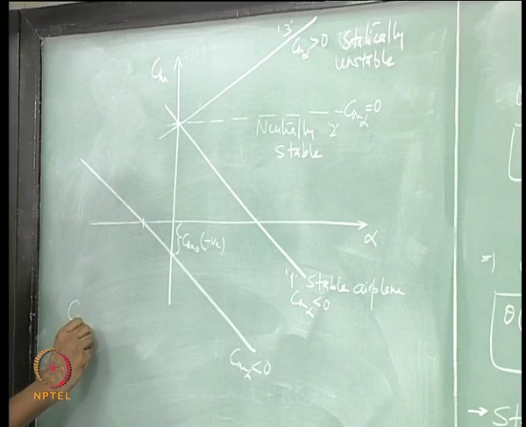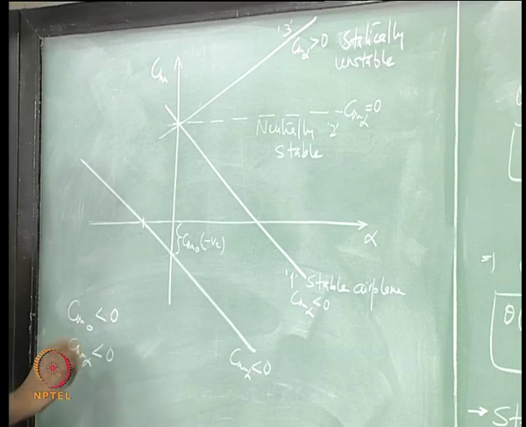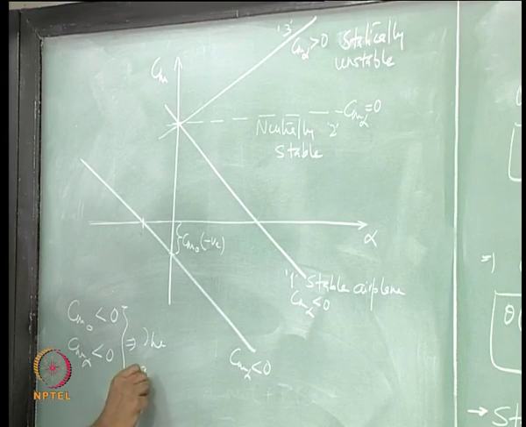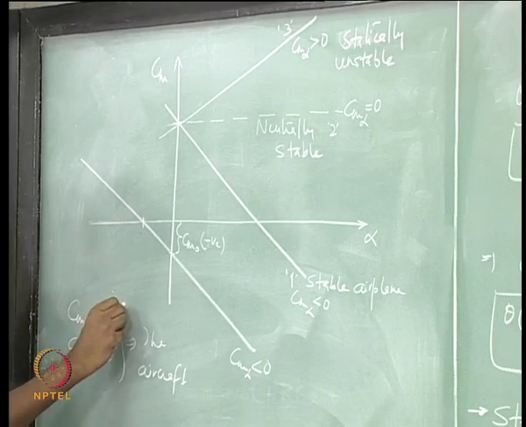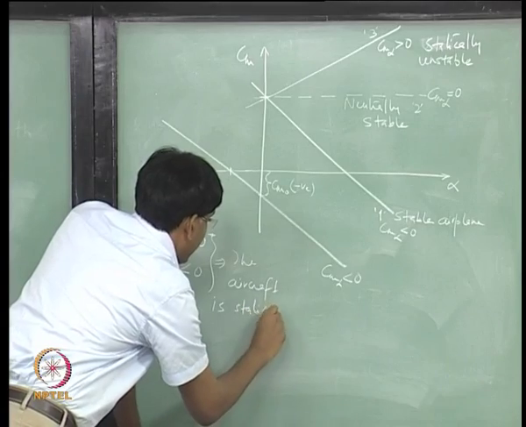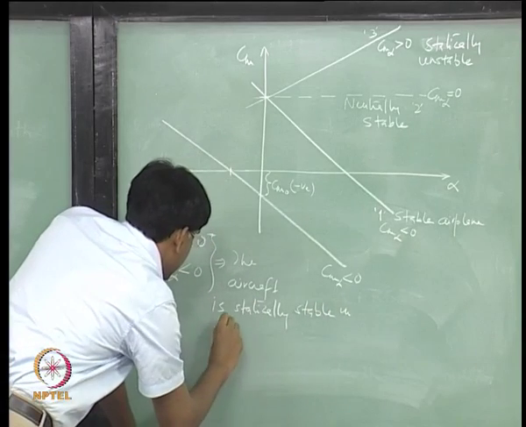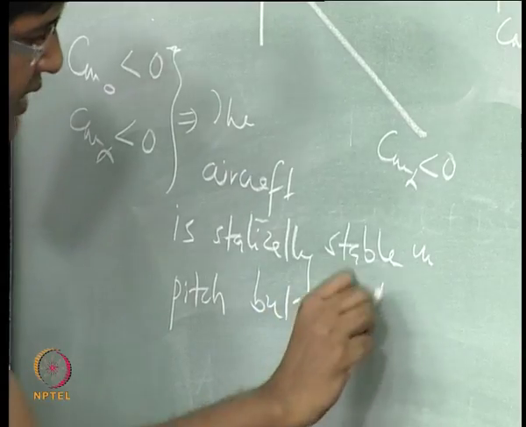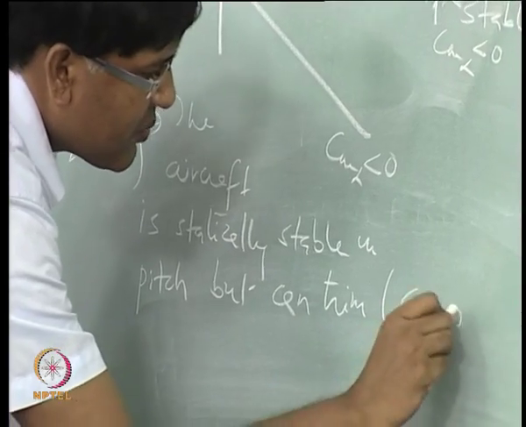So, Cm naught less than 0 and Cm alpha less than 0 tell me that an aircraft possessing these two characteristics is statically stable in pitch, but can trim only at a negative angle of attack. Now, the trim condition is defined by this equation.